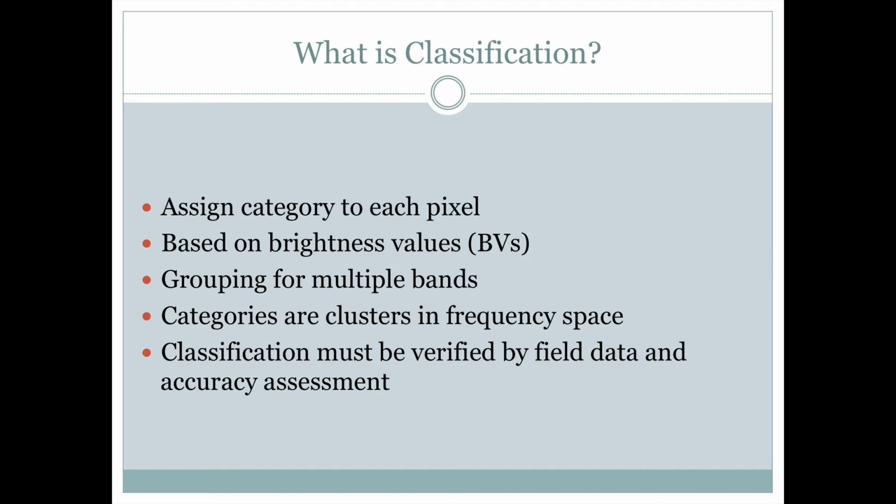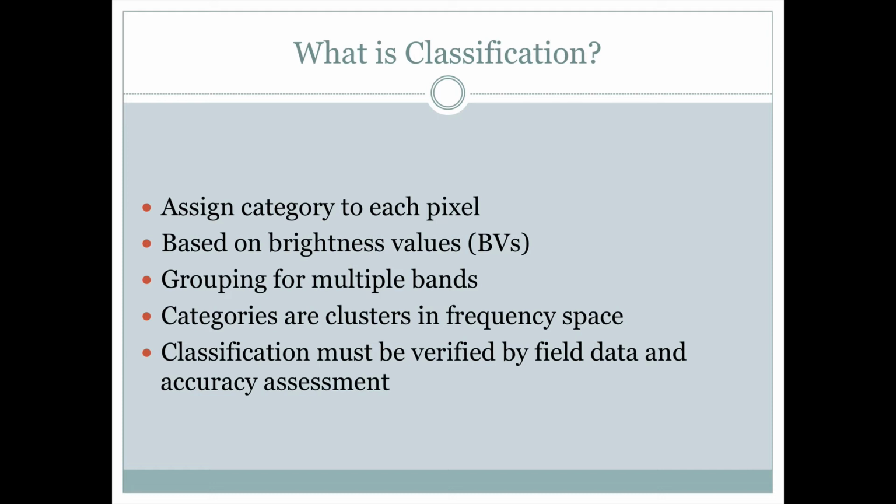And then we're going to plot the brightness values of multiple bands for each of the pixels in that imagery. And then we're going to try to cluster these. Once we've plotted them all, we say we're now in frequency space because we're seeing how often these different brightness values occur. And we're going to see where the natural clusters occur in our image. Then we're going to assign different classes or categories to the clusters.